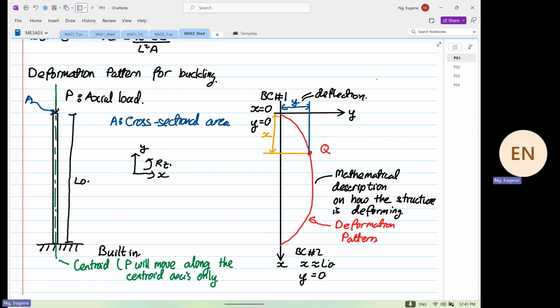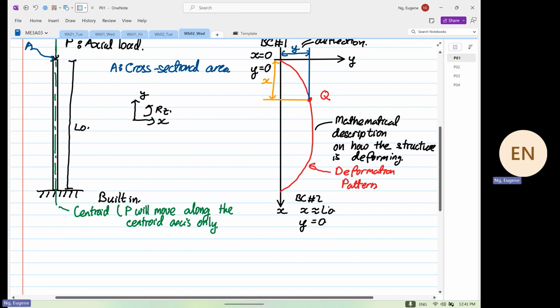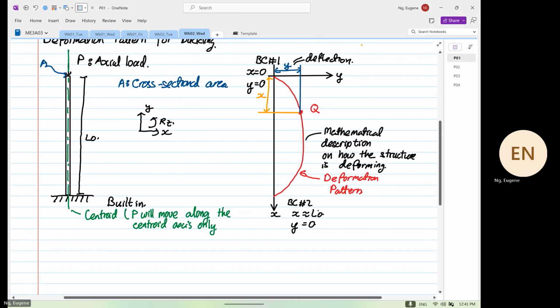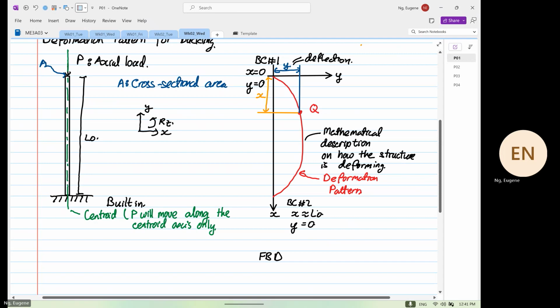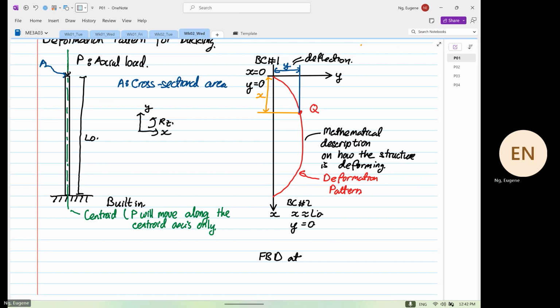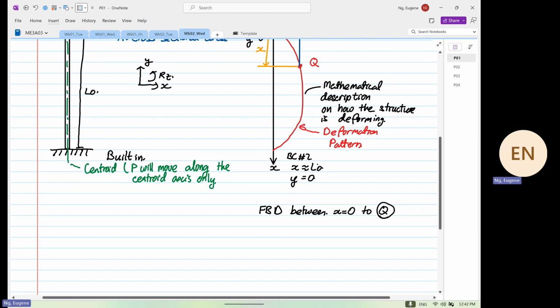Okay. So now we are going to sketch the free body diagram at point Q, or between x equal to 0 and point Q. So when we sketch that, how does it look?